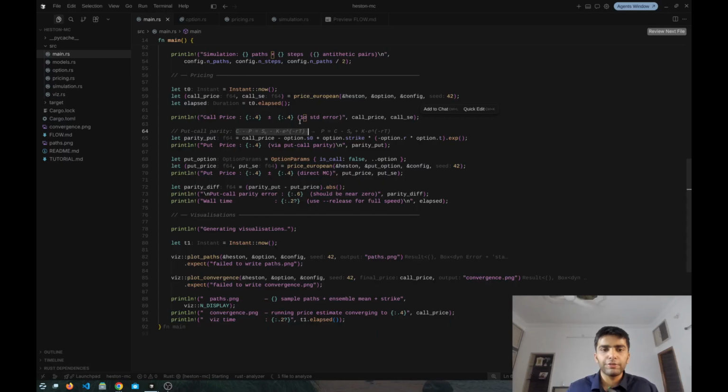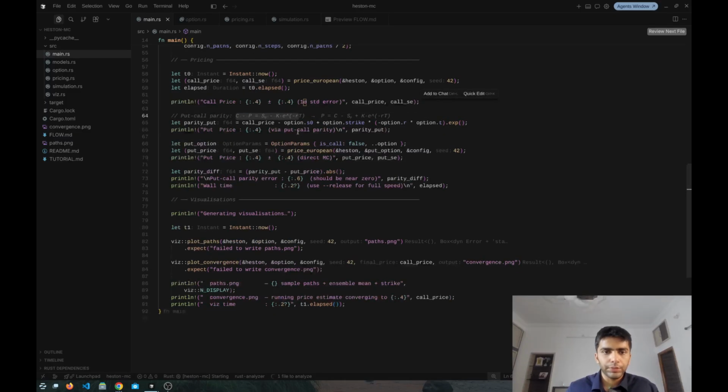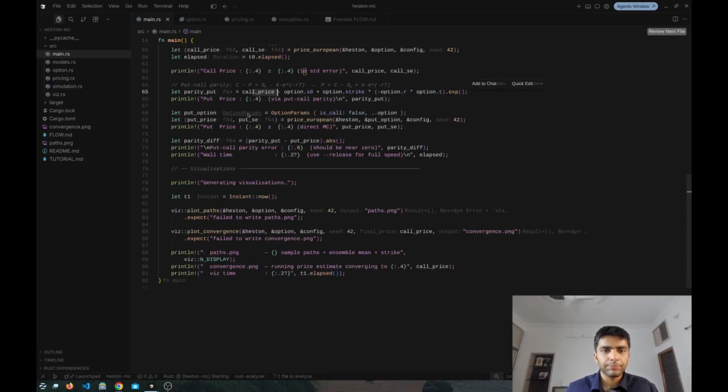So if you already know the call's price and you want to get the put's price for the same expiry and same strike price, then you can get it via this formula. Similarly, now we have the call price, so we get the parity put price, the put price according to the parity.